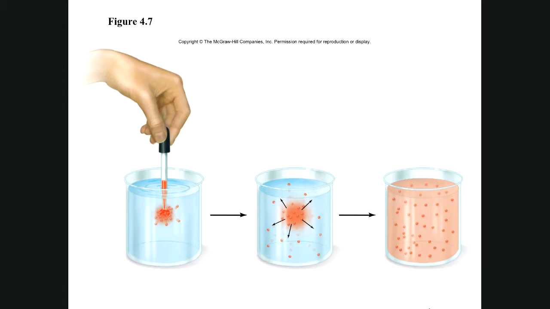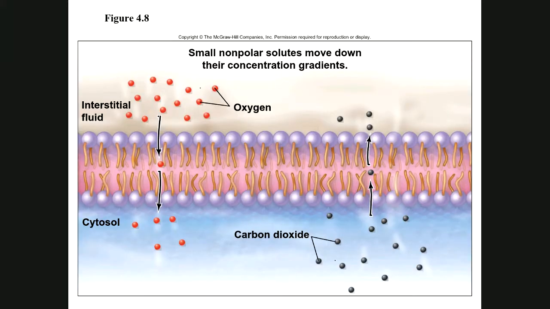The plasma membrane is a physical barrier to diffusion because of its hydrophobic core. Here's the lipid bilayer, those two layers of phospholipids. Here's the head, and here are the tails, the hydrophilic heads and the hydrophobic tails.